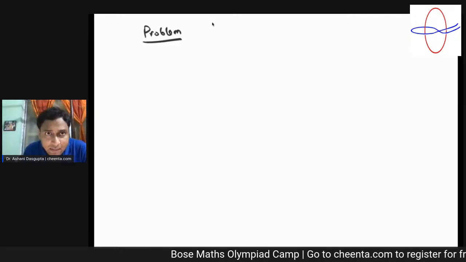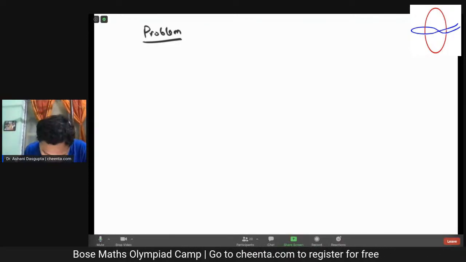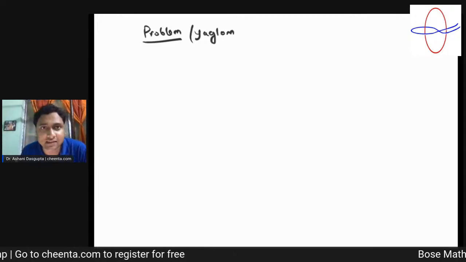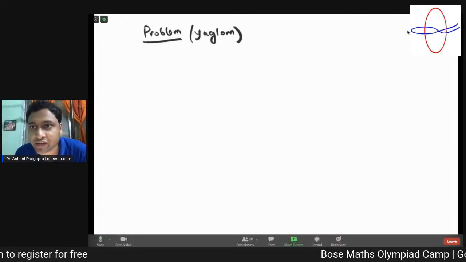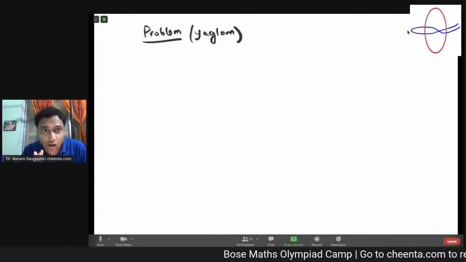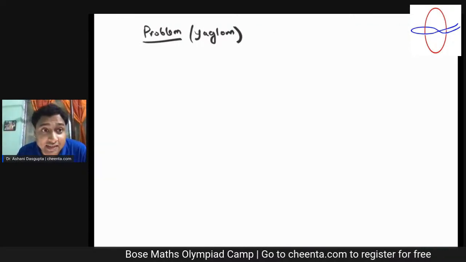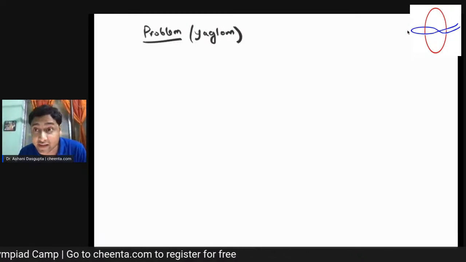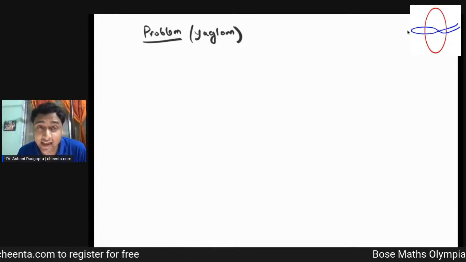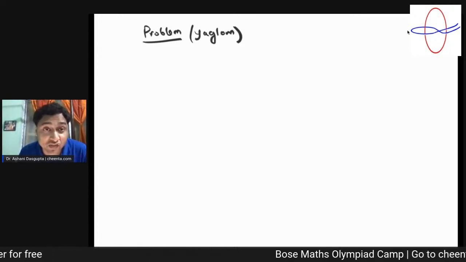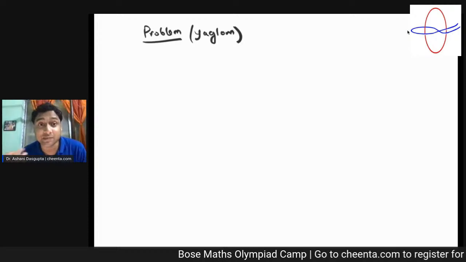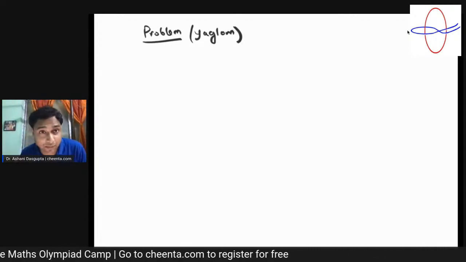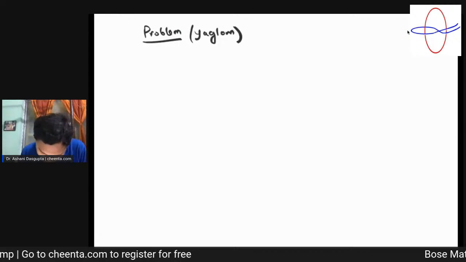I'll just give the name of the book here so that you can find it somewhere on the internet. Yaglom was one of the greatest mathematicians who wrote extensively for kids like you, and a lot of Olympiad-based geometry is from his book. So this is one of the books by Yaglom, and this particular problem has come in many Olympiads.